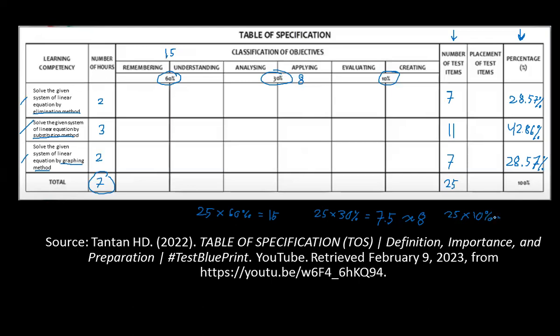So, 25 times 10%, you have exactly 2.5. Approximately nito, again, you have to round it off because kailangan ay whole number siya. So, this is approximately 3. That means there are 3 questions or 3 items para kay evaluate and create.